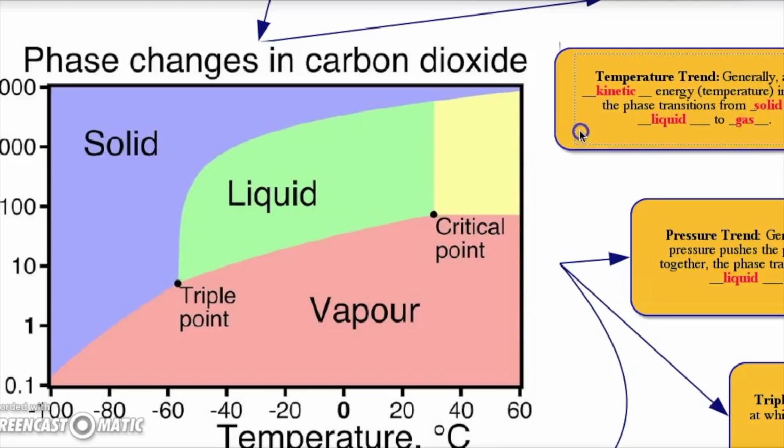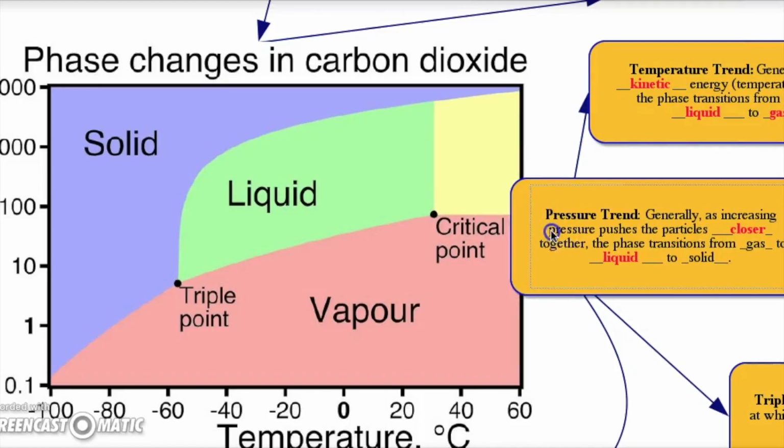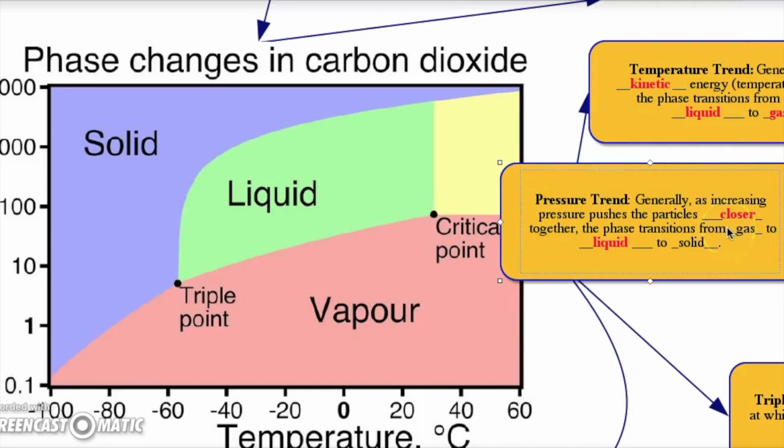Now, the pressure trend, what if you change pressure? Well, as you increase pressure, the trend is that we go from gas to liquid, finally transitioning into solid. So if we look here at 0 degrees Celsius again, initially at lower pressures, our CO2 is a gas. If we increase the pressure with the temperature remaining at 0 degrees Celsius, eventually at probably about 50 or 60 atmospheres of pressure, our CO2 will transition into a liquid.